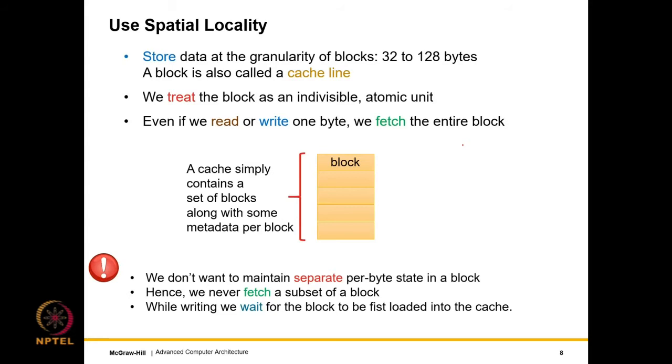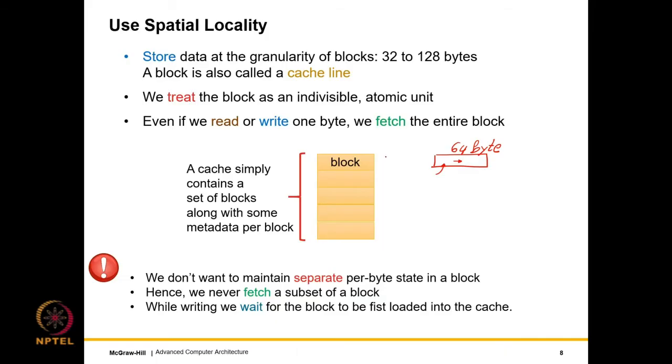What is a cache? Well, a cache simply contains a set of blocks with some metadata. Metadata is some additional information per block. So what we do is create these blocks. Let us say we create 64 byte blocks. Because of spatial locality, if we access any memory word, which is a 4 byte chunk, within a block, there is a very high likelihood that we will access other memory words within the same block.